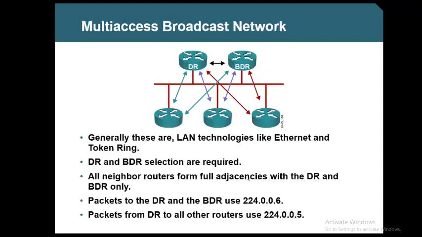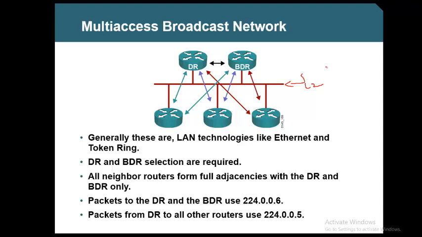Fine. In a multi-access broadcast network, meaning you have an Ethernet wire, this represents a switch, a layer 2 broadcast domain. Whether you have a switch or not, if you have an Ethernet wire, OSPF will assume that you have a switch.